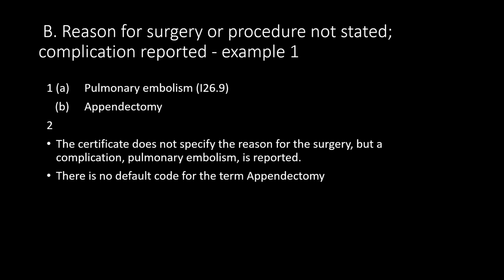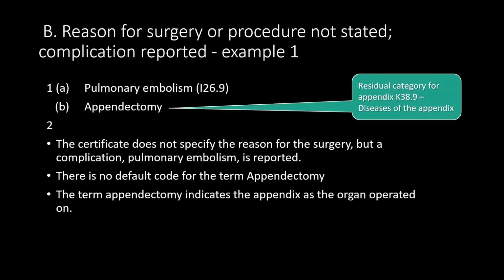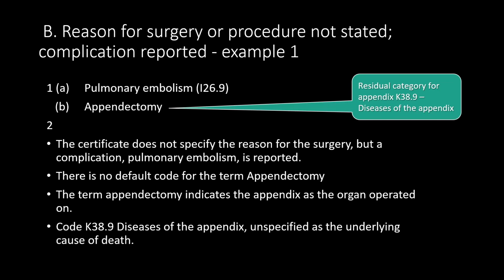There is no default code for the term appendectomy because it's a surgery. The term appendectomy indicates the appendix as the organ operated, and we have a residual category for appendix, diseases of the appendix, the code is K38.9. Therefore, we can assign K38.9, diseases of the appendix unspecified, as the underlying cause of death.